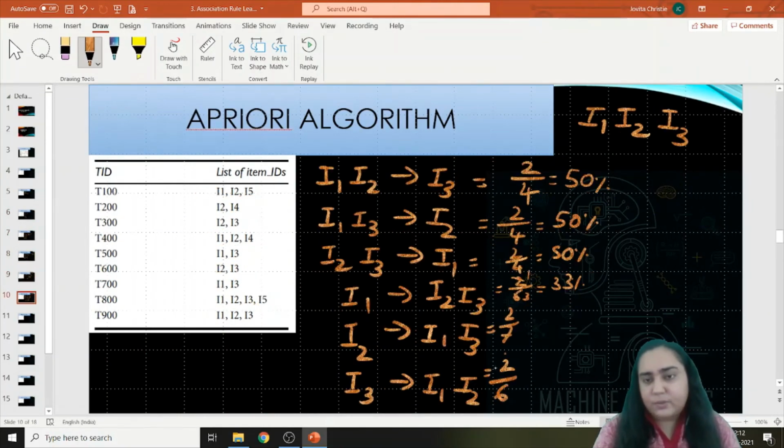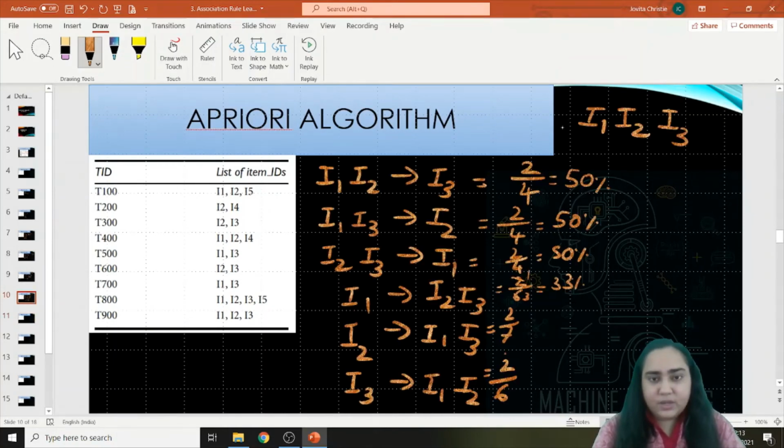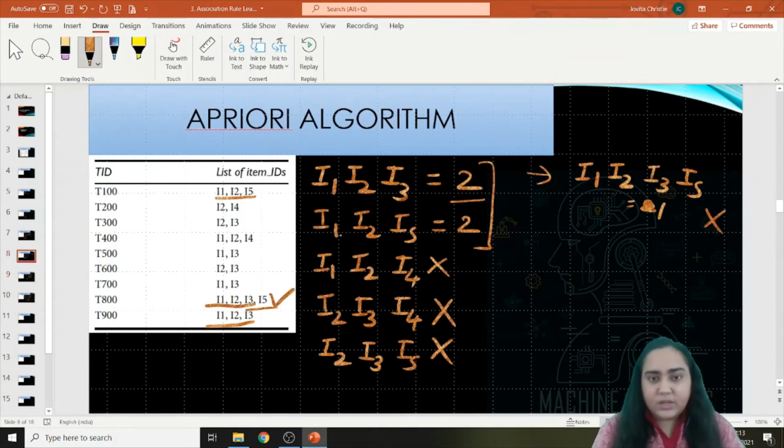This will also not be 70%. So that means none of these patterns satisfy our minimum confidence. So we are not going to consider any of these patterns.